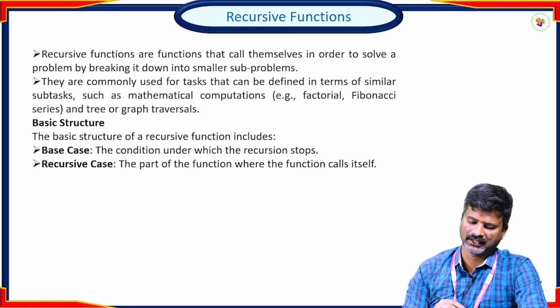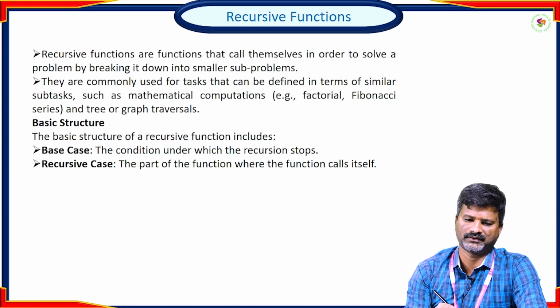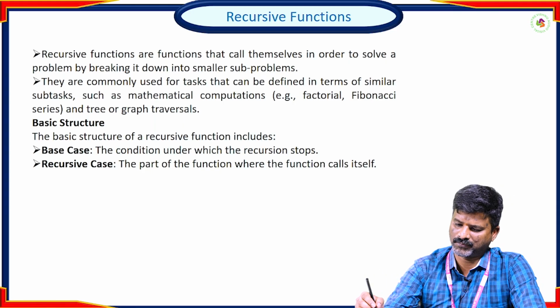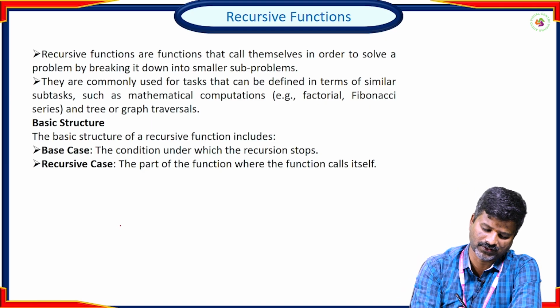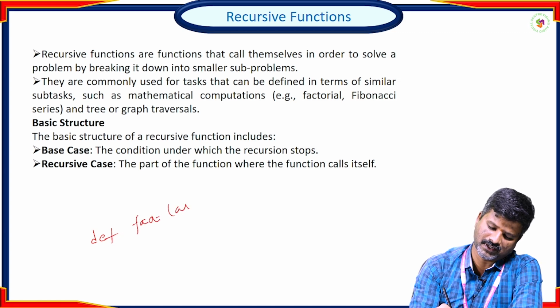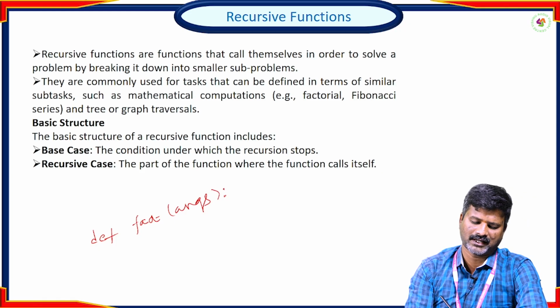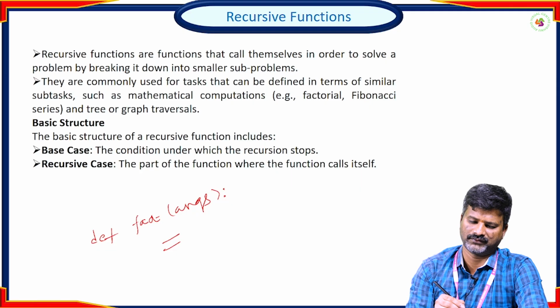This is another type of function we use in every programming language: the recursive function. A recursive function is a function that calls itself. For example, suppose I want to find a factorial. I define a function, def fact, passing some arguments, and inside it I perform the logic for the factorial of a given number.